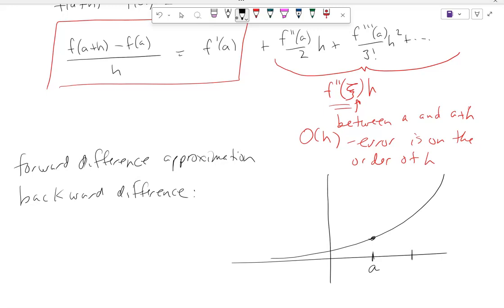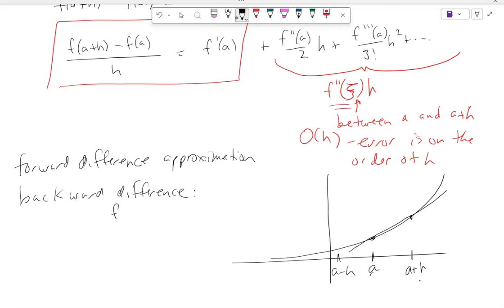We moved over a little bit and try to approximate with a line, right? We went from a and went forward. Any idea about how we might get backward? By going backwards. So instead of a plus h, we'd have a minus h and find that slope, right? That's what the backward difference formula is.